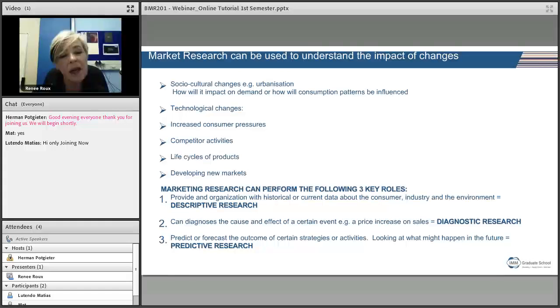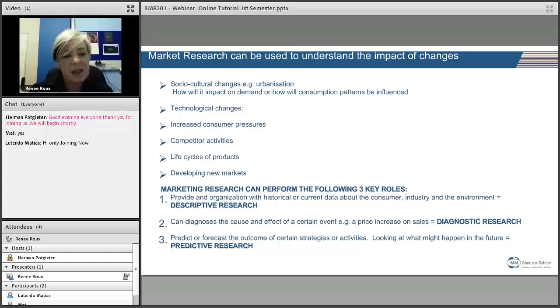The next is technological changes. Technology changes all the time, and it impacts every single one of us, and we react in a certain way. For instance, a few years ago, people were extremely concerned about doing banking via the internet.